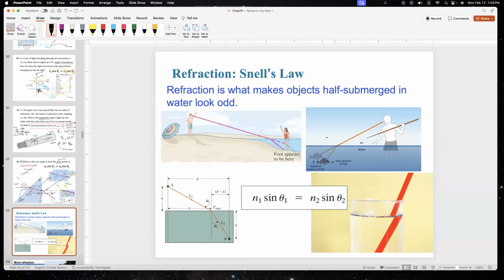Law of refraction makes objects appear to be closer than they really are. So Native Americans knew that when they were fishing, the fish was always going to look at a shallower depth than it truly was.